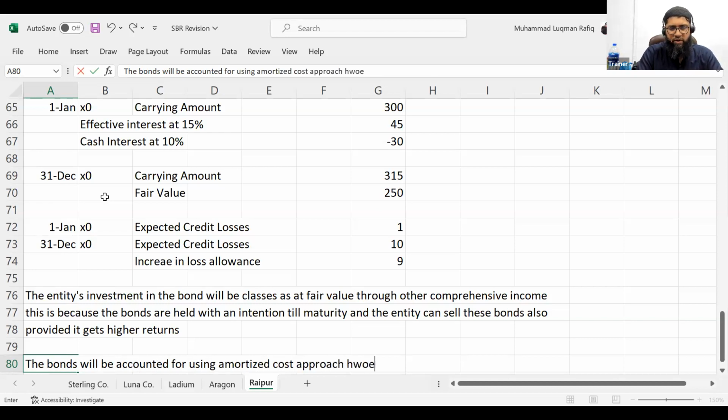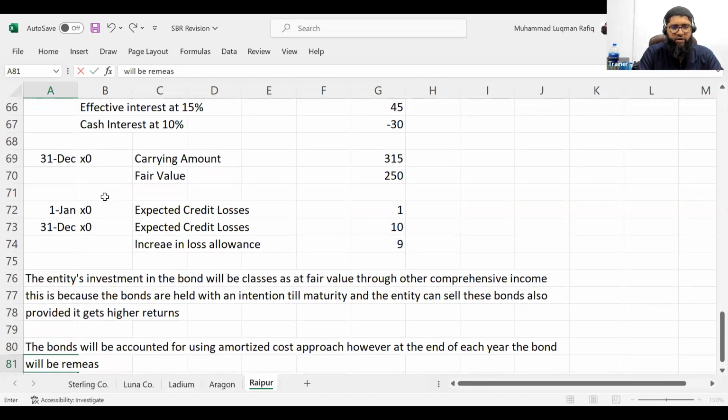approach. However, at the end of each year, the bond will be remeasured to fair value with the gains/losses to be recognized in OCI.